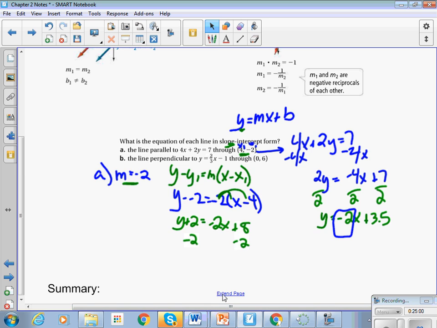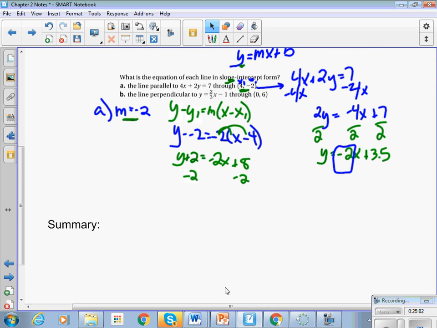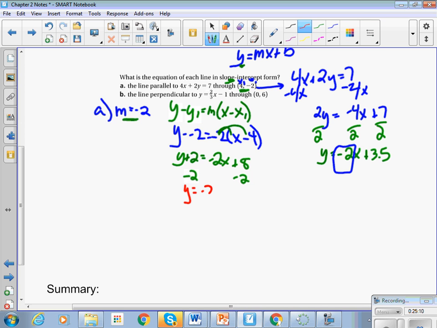And 8 minus 2 is 6. So I get y equals negative 2x plus 6. This is the answer to A. It's got the same slope as my original line, and it passes through the point 4, negative 2.